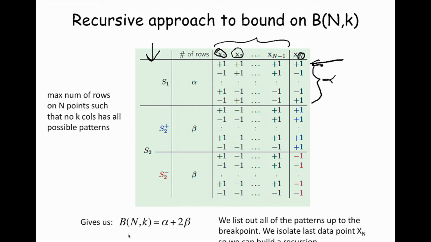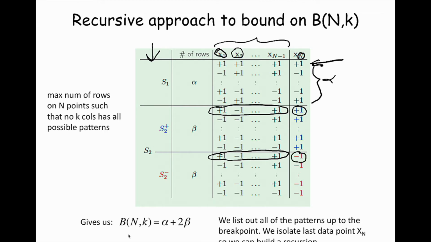Okay. So now, if we have S1 as the set of unique dichotomies, that means everything that's not in S1 is non-unique, right? And so the way we're going to define this is that there are some dichotomies that are the same in the first n-1 positions, and the only thing that makes them different is that you have a +1 in the nth position in one version, and you have a -1 in the nth position in the other version.